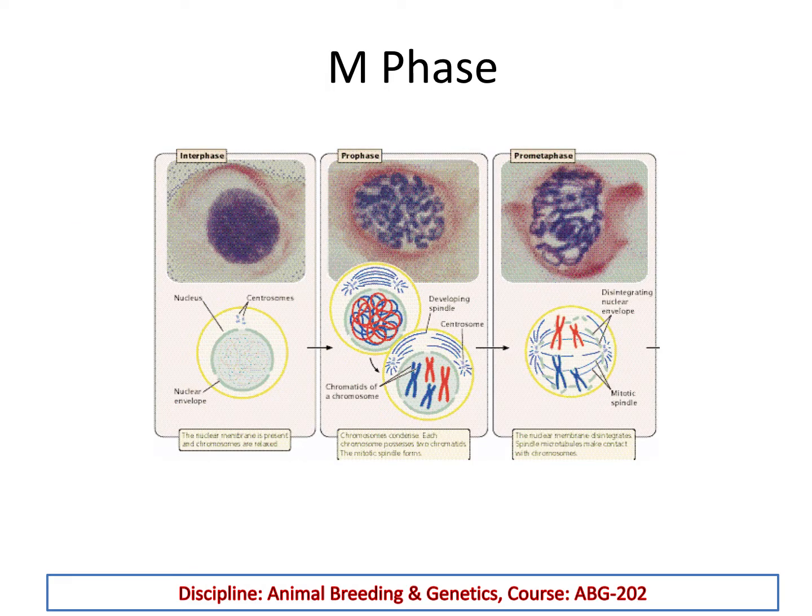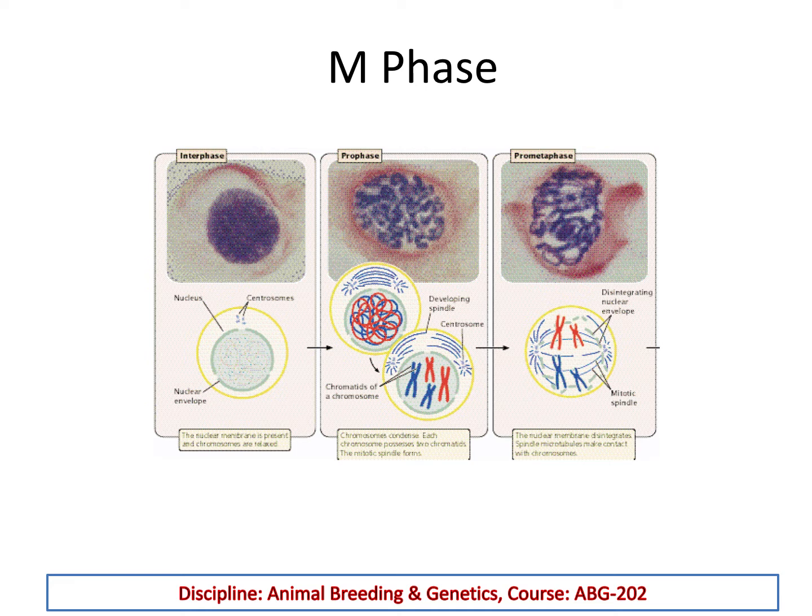In the next slide you can see the M phase in an actual cell, and just under that there is a simulated cell. So you can see directly the interphase and then the prophase, in which you can see the chromosomes. In the interphase, the chromosomes are not visible.